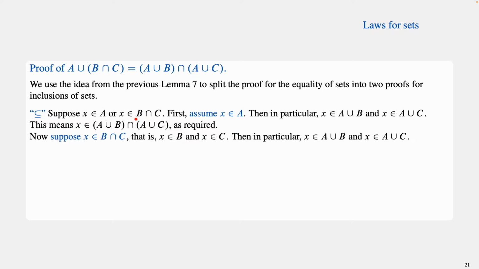Now we assume that X is an element of B intersection C, which means that X is contained in B and at the same time X is contained in C. Then in particular, X, because it's in B, is contained in the union of A and B, and X is contained in the union of A and C, because it's contained in C, so it's in particular contained in this bigger set that contains C. But this also means that X is contained in A union B intersected with A union C, okay, because it's contained here and it's contained here.